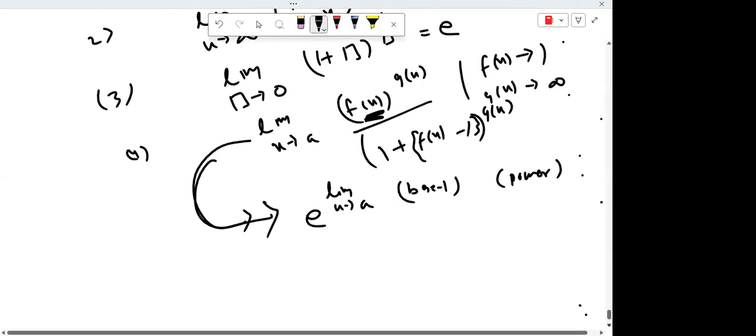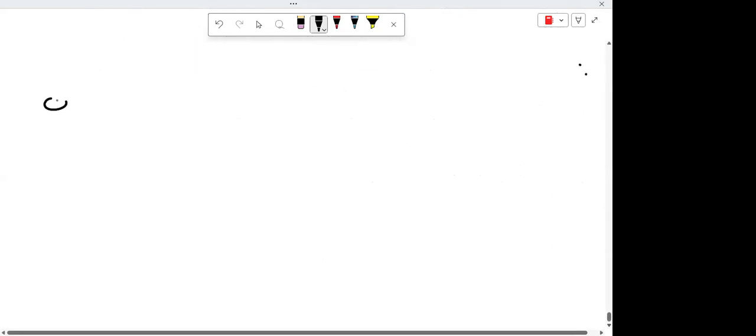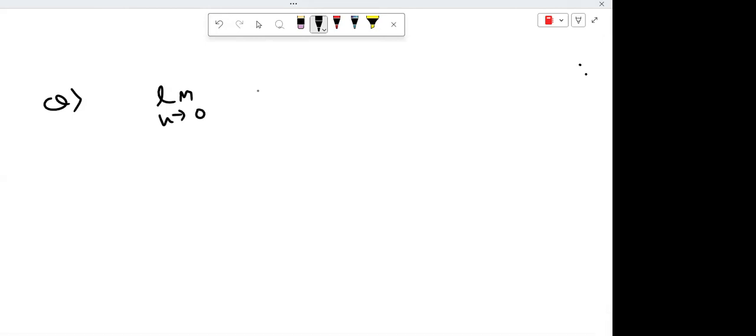For an example, limit x tending to 0, tan of (x plus pi by 4) to the power of 1 upon x. Now using direct substitution, can you tell me what will be the value?